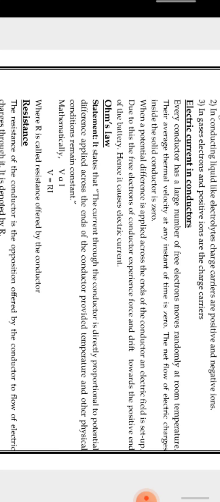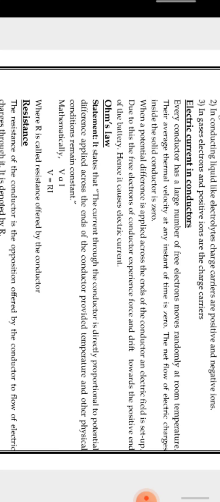And thereafter, in gases, for example in discharge tubes, in the gaseous form, there are charge carriers which are electrons and positive ions. So these are the charge carriers for the electric current.